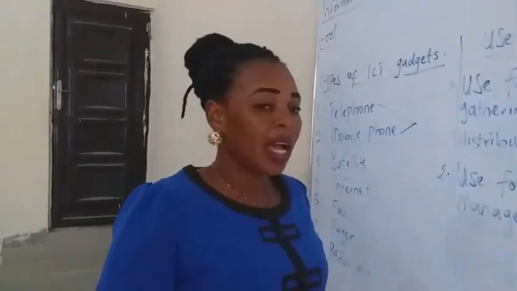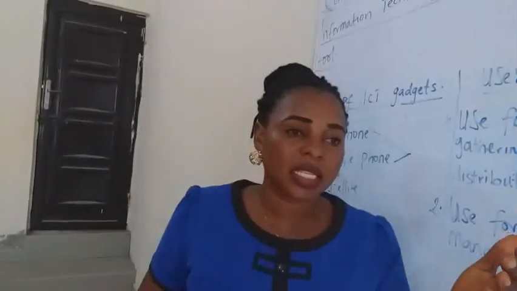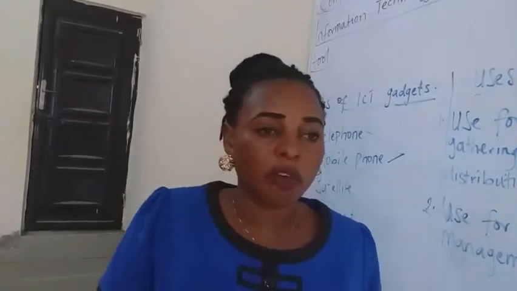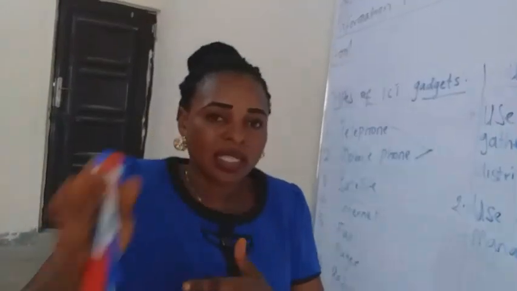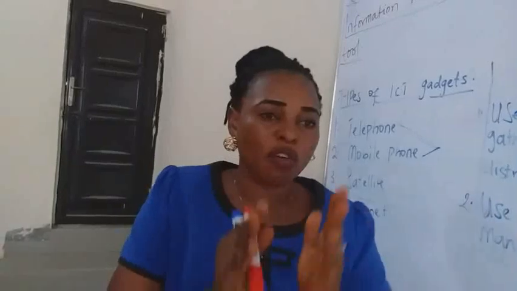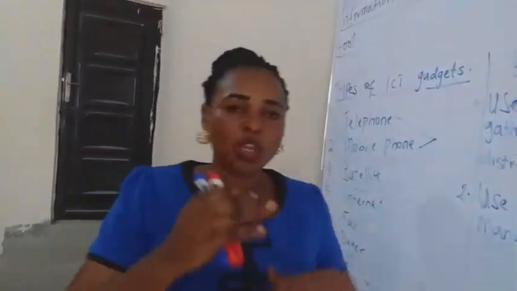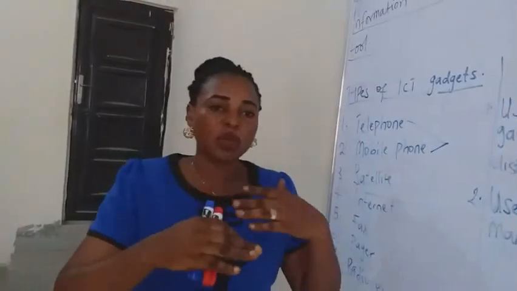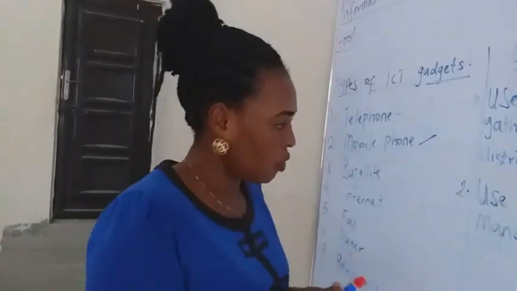For example, I have information that I don't want a particular group of people to hear, or I don't want a particular group of people to have it. I just want a particular set of people to get this information. I can pass it to that number of people alone. Now, the use of these gadgets has made it so easy for us to manage information around us. So that is the second use of ICT.